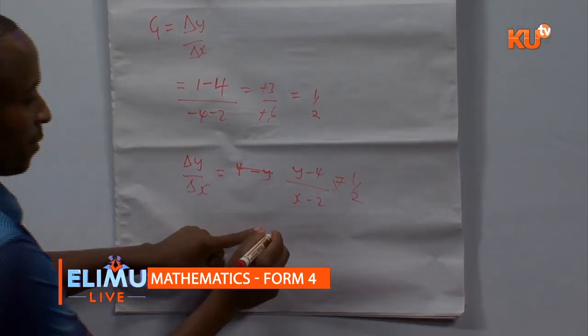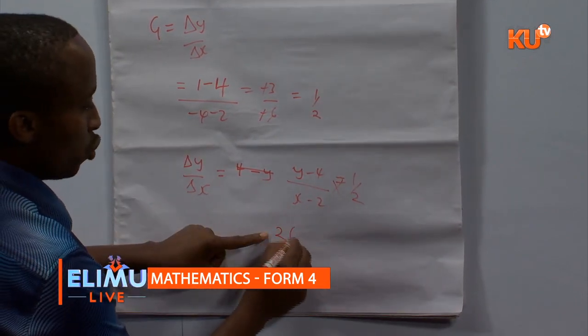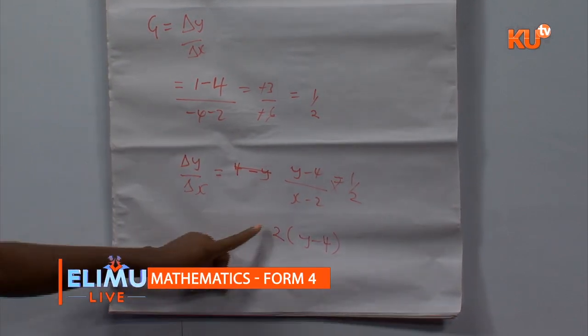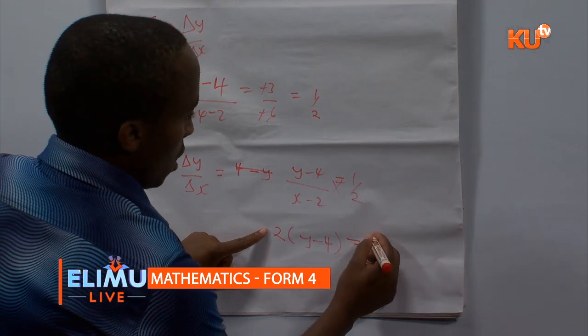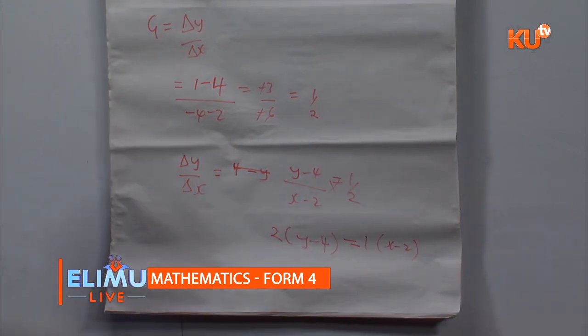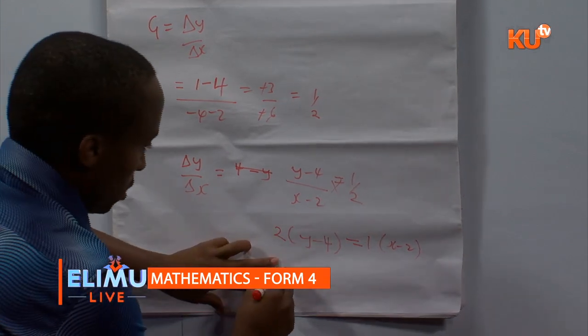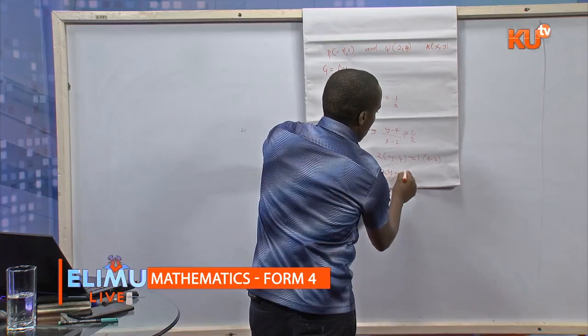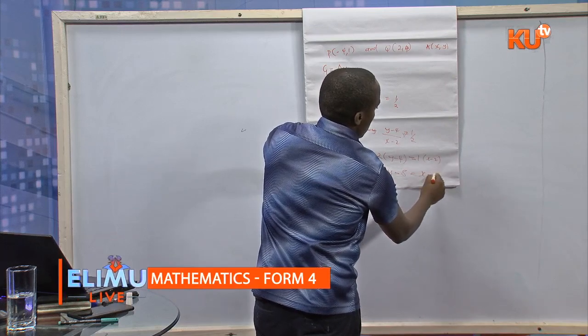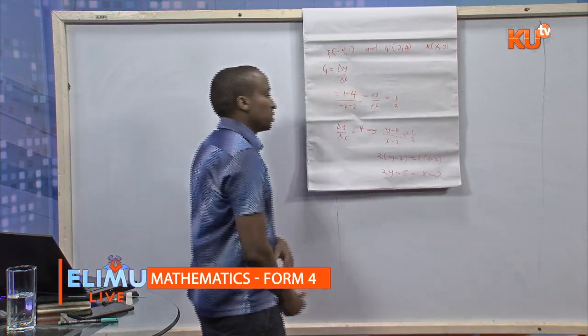You cross multiply: 2 multiplied by (y minus 4) is equal to 1 multiplied by (x minus 2). This becomes 2y minus 8 is equal to x minus 2.